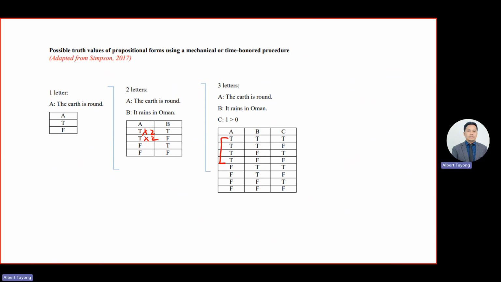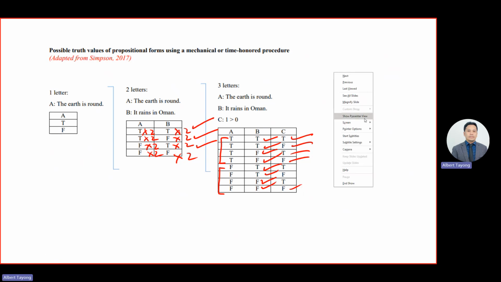That's why we have here 4 T's and here times 2. So we have 4 F's here. This one times 2. That's why we have 2 T's, 2 F's, 2 T's again, and 2 F's. And the last, as I said, is always TF, TF until the end.